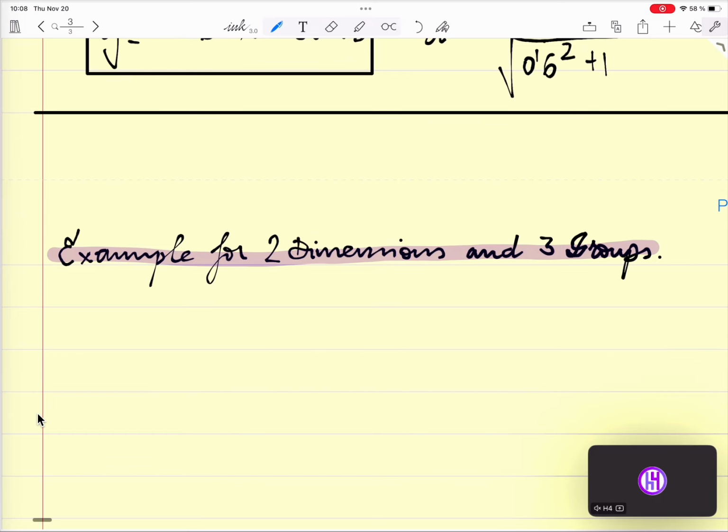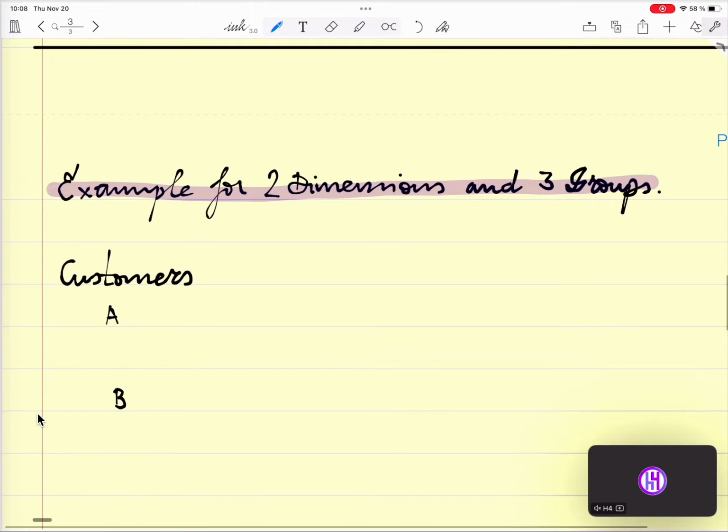We can make many other, but imagine we have 3 types of customers: A, B, and C customers, okay. Their position in the customers are asking for pizza, okay.